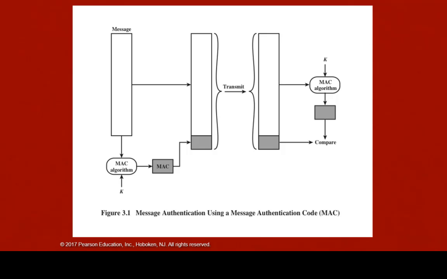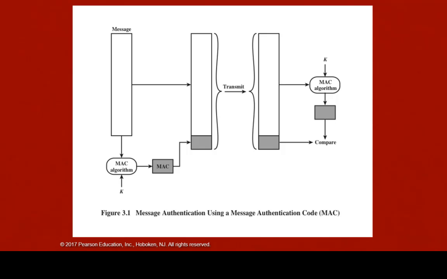The receiver is assured that the message has not been altered. If an attacker alters the message but does not alter the code, then the receiver's calculation of the code will differ from the received code. Because the attacker is assumed not to know the secret key, the attacker cannot alter the code to correspond to the alterations in the message.